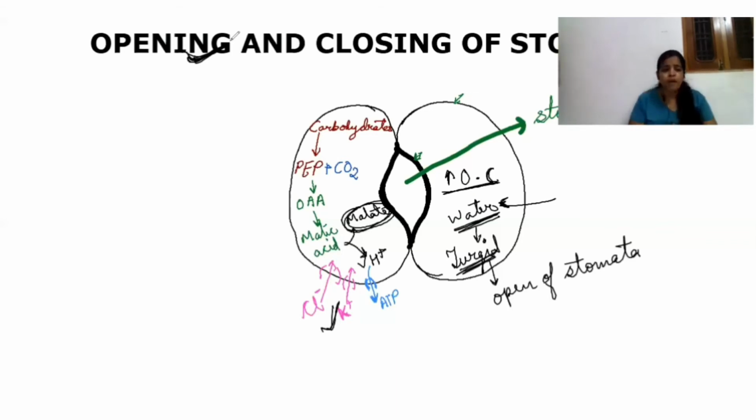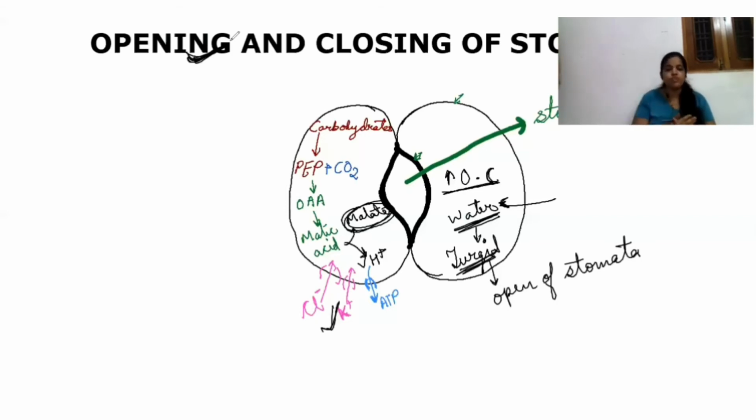The most important ions for the opening of stomata are protons and potassium ions. Chloride ions are playing just a supportive role. Now, this malate gets stored in the vacuoles and it increases the osmotic concentration, meaning the concentration of the solute is increased. Since the concentration is increased, water will enter inside the guard cells from the surrounding cells.